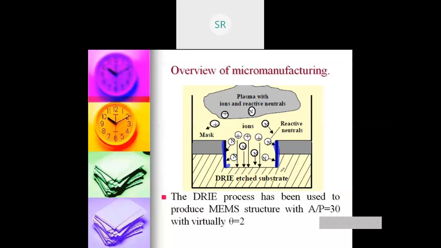In the deep reactive ion etch, the added reactant is different, and it forms a polymer layer, so theta becomes 0. In some cases I may get a theta of around 2 degrees, which can be neglected.